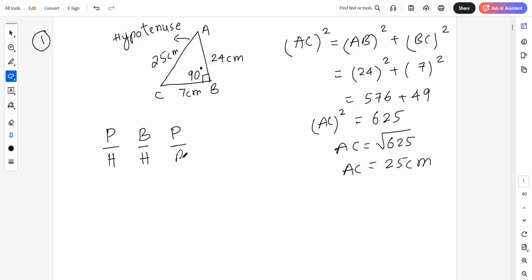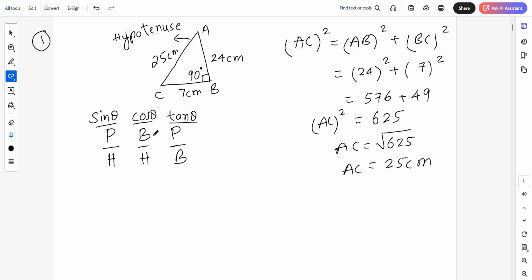Papa, BD, POG, ha beta. This is for sin theta in general. This is for cos theta and this is for tan theta, where theta is the angle. That can be anything, angle A, angle C and all.